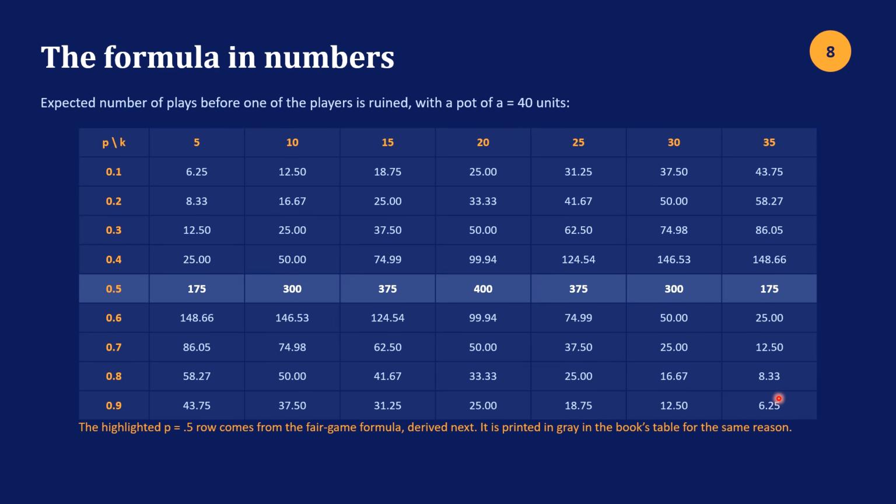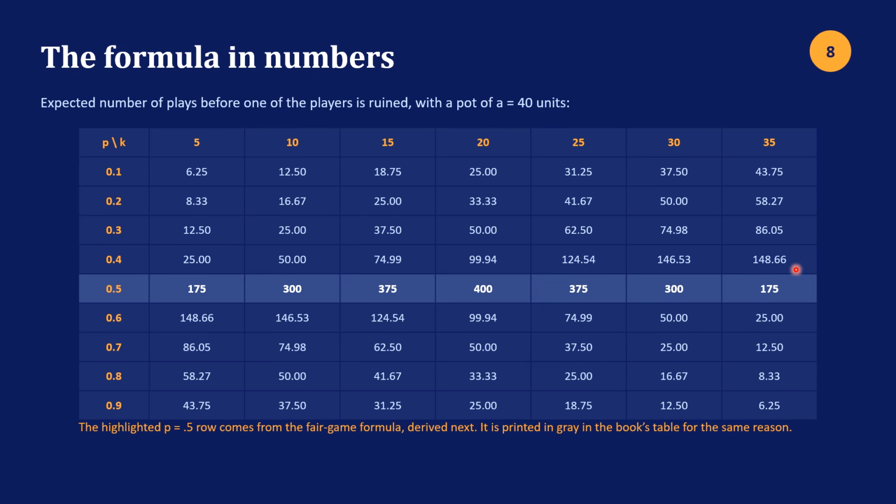So this is where B goes to ruin. And if you look up this way and down this way, the numbers are the same because there's a symmetry here. And in the top of the table, it's A that's going to ruin.